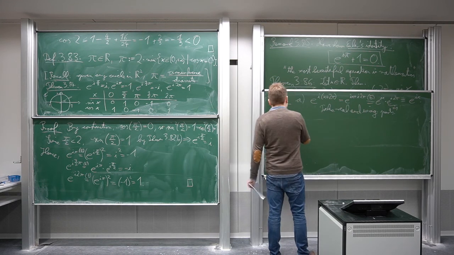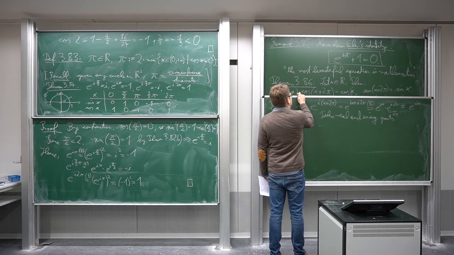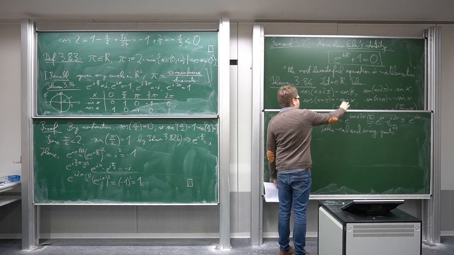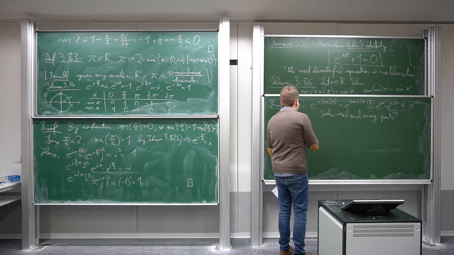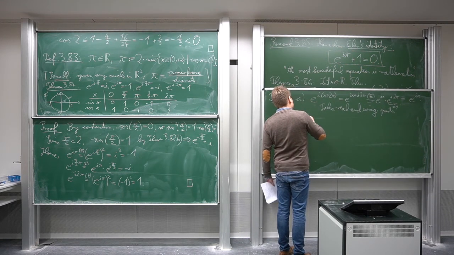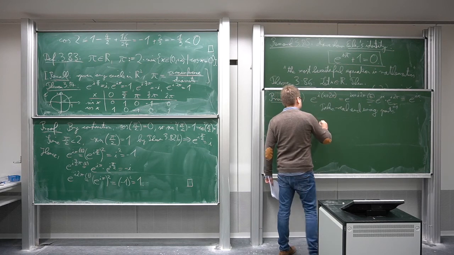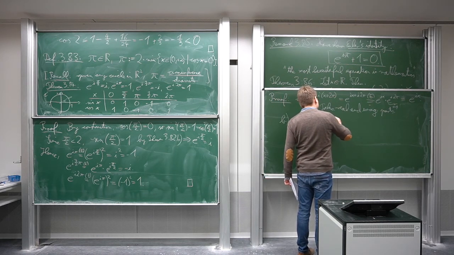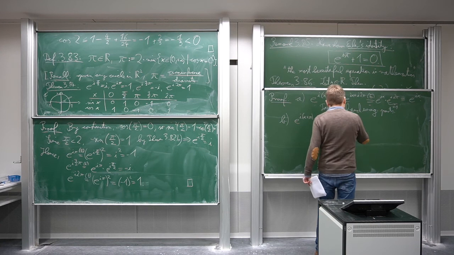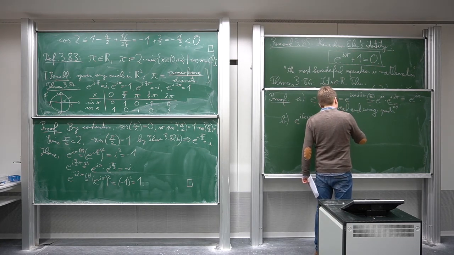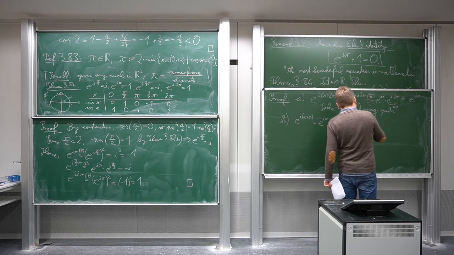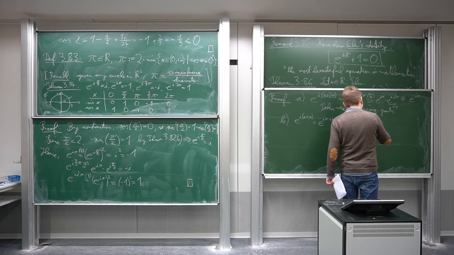Okay, for b we do a similar thing. So for b we have x plus pi. So what do we have in this situation? We take e to the I times x plus pi, which is the same as e to the ix plus I pi. So by our favorite equation, this is the same as e to the ix times e to the I pi.